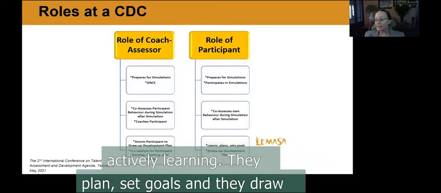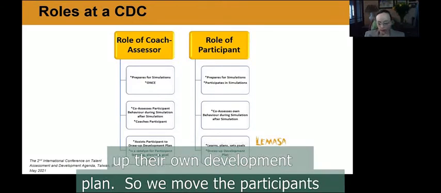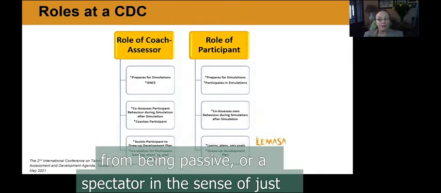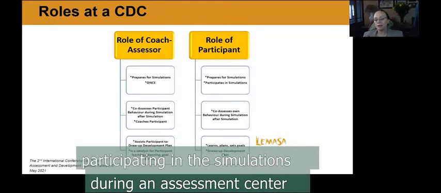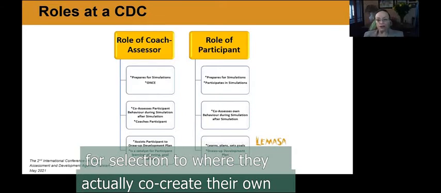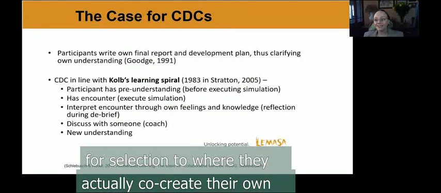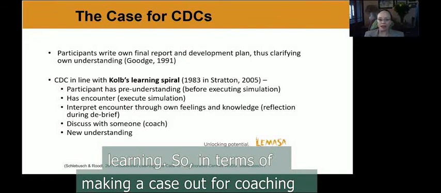They plan, they set goals, and they draw up their own development process. So we move the participant from being passive or semi-passive, in the sense of they just participate in the simulations during an assessment center for selection, to where they actually co-create their own learning process.